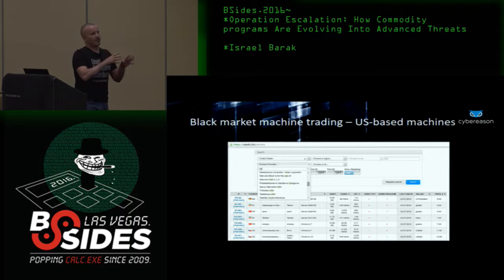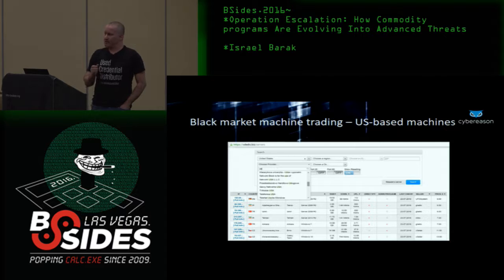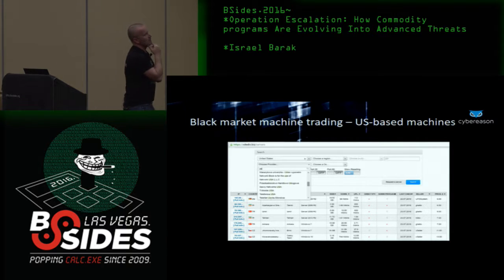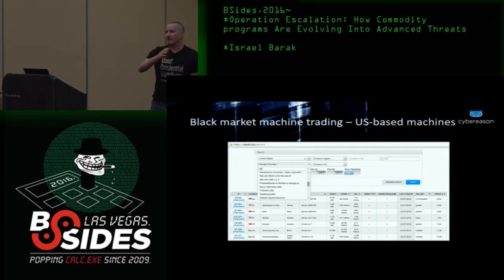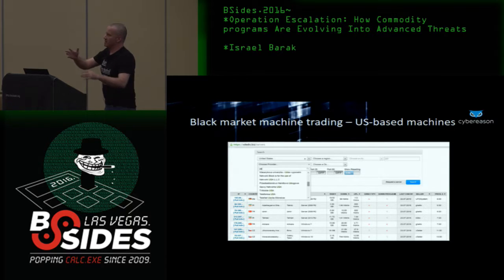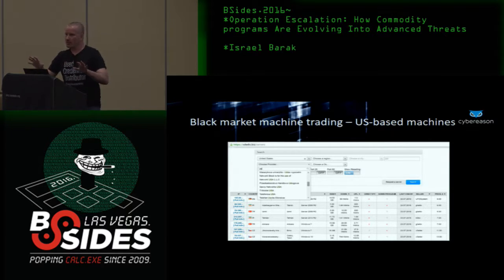So let's look at the actual server list, right, and see how that works. The first thing you do, the typical targeted attacker is kind of like a kid in a candy store here, right?